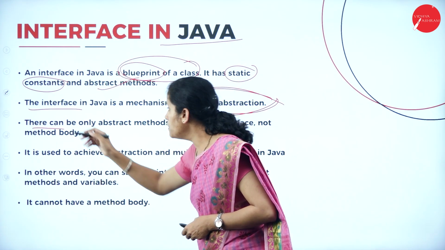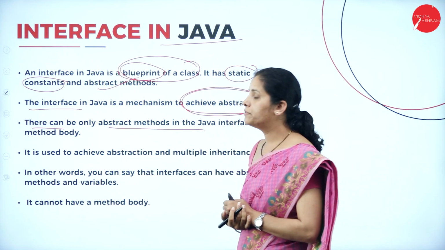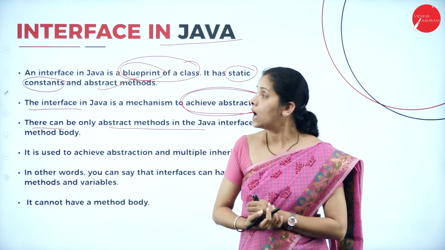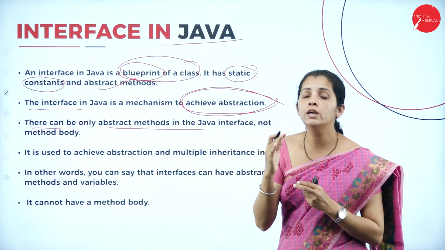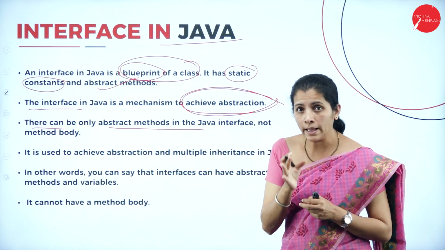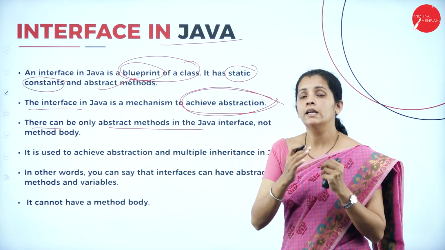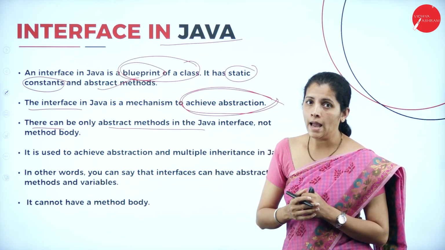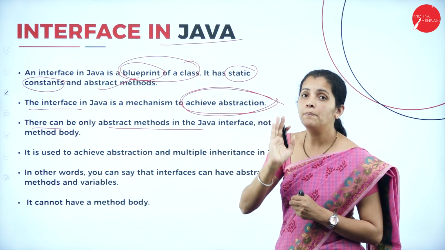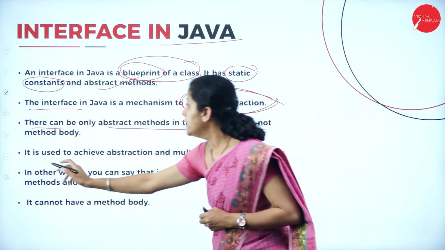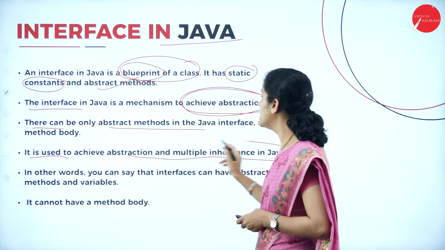Now, there can be only abstract methods in a Java interface. That means when I use interface, I am able to include only abstract methods, and I'm going to write the body of that method in my subprogram. This interface is used to achieve abstraction and multiple inheritance.